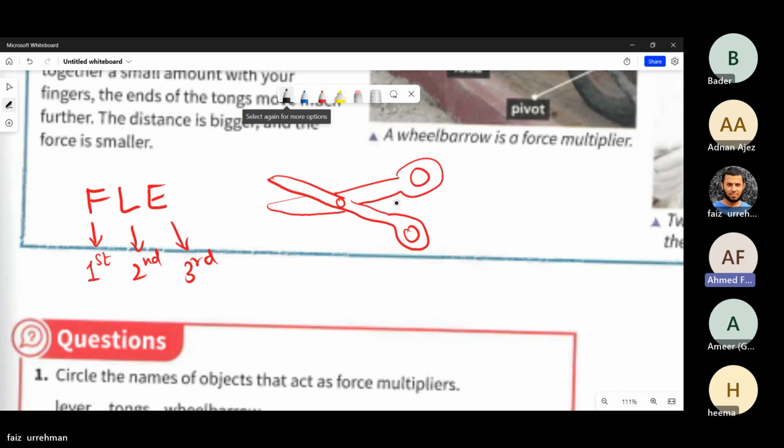Wait, mister. The pivot is at the middle. The load is at the end. And what end? Left or right? Left end. And the effort, you apply it near the handle. You put your fingers inside. So the fulcrum is coming in the middle. It means it is a first class lever. What about a stapler? What class of lever is that?